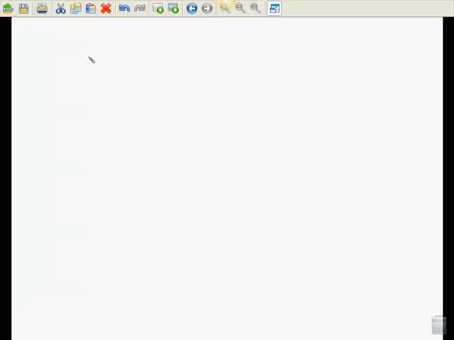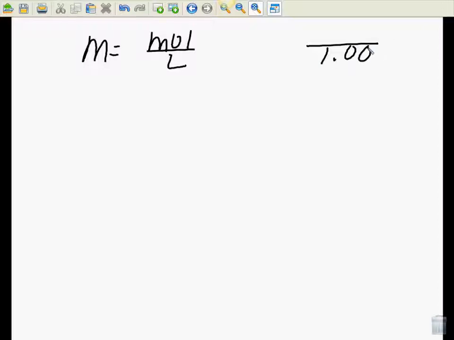We're going to start off with our big M equals moles over liter equation, as always. In this case, they give us 1 liter of this solution, so we have 1.00 liters. And they're giving us the concentration of the solution, and again, we're finding moles.